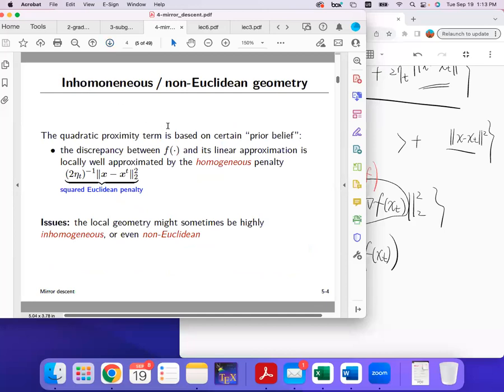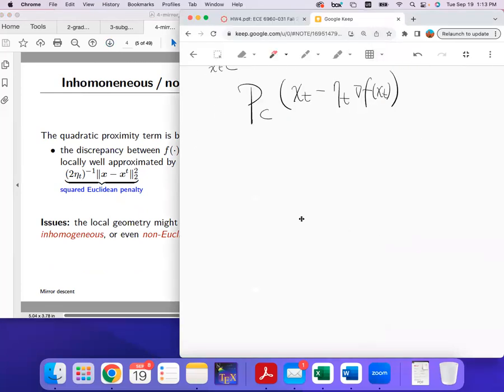are imposing a certain prior belief on these variables. Basically, we are assuming that these terms should be measured in a homogeneous way. L2 means that if you draw the L2 ball in 2 dimensions, it is a round square, meaning everything is homogeneous, right?